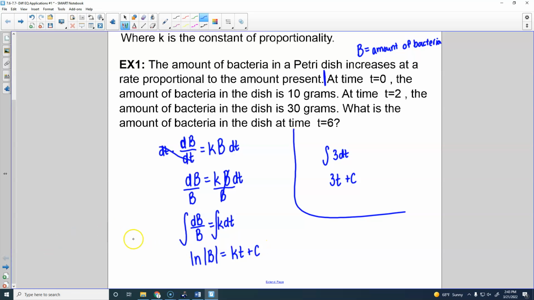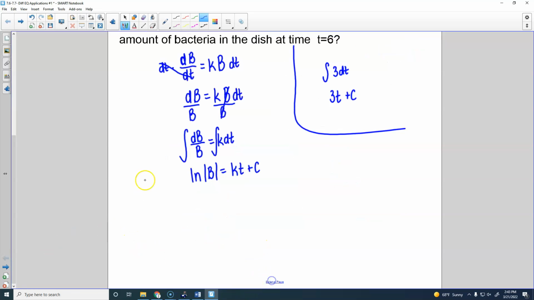Okay, so I probably want this solved for B instead of having that natural log. I can't just drop it because I don't have an e on the other side. But I can raise both sides to be powers of e. That is going to give me B equals a big C e to the kt.